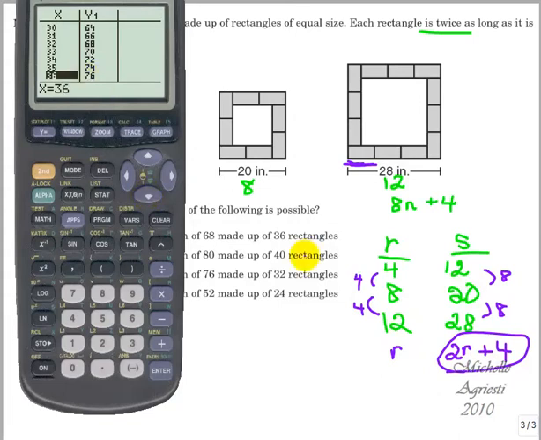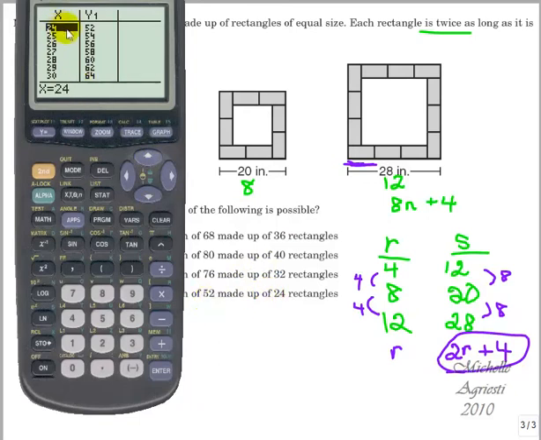And we should get 76, but this is 68. So this one is out. And now 40 rectangles. It should be 80, and it's 84. 32 rectangles is 68, and it's 76, and then 24 rectangles, 52. There it is.